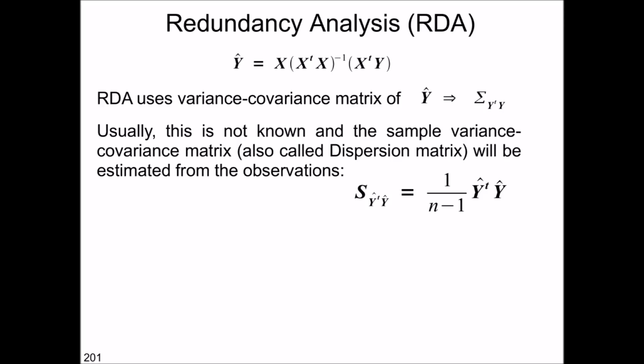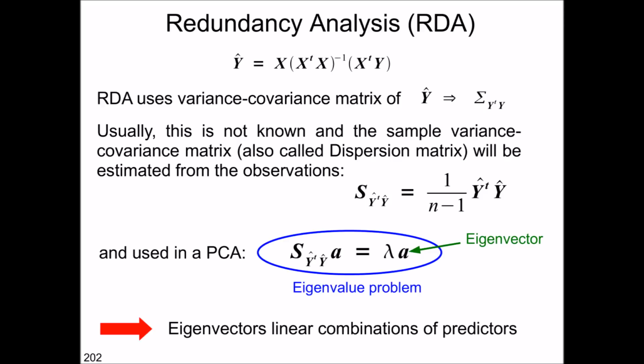And when we look at this now, it looks similar to the univariate case and should be familiar to you. This sample variance covariance matrix is then used in the PCA, and you should see that we encounter again our eigenvalue problem with the eigenvectors.